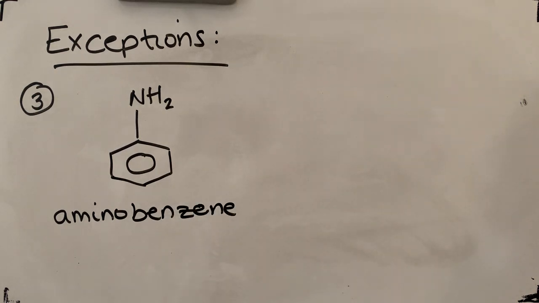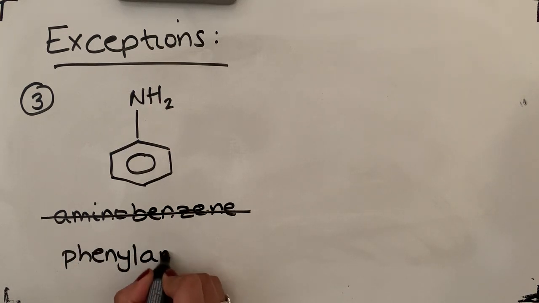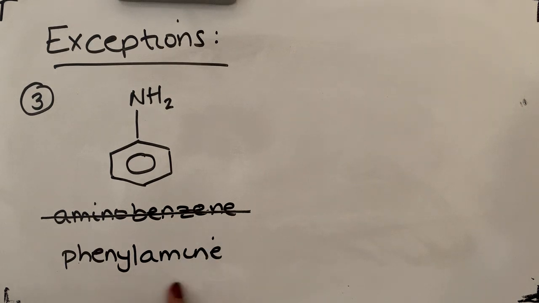Don't worry too much if you haven't seen that amine group before. We do cover it later. But the truth is, it's not called aminobenzene. We call this compound here phenylamine. So the amine in this case is actually the parent. The phenyl, the benzene ring, is the substituent. So this is called phenylamine. So they are your 3 exceptions that you need to know.